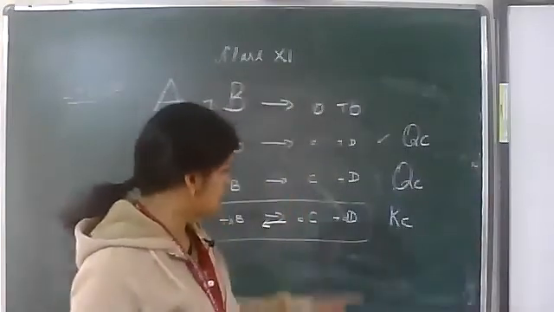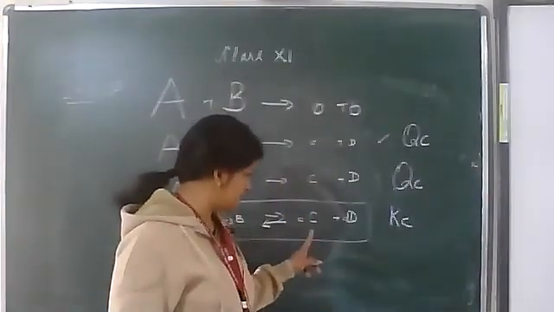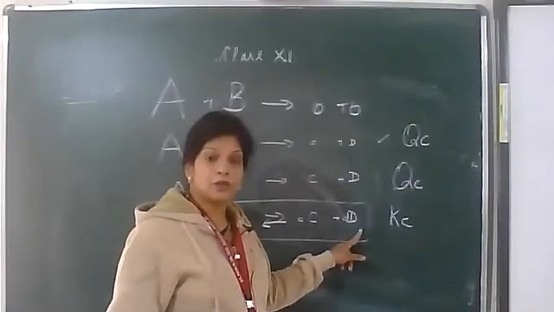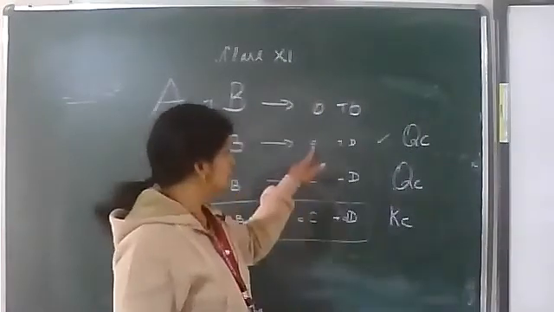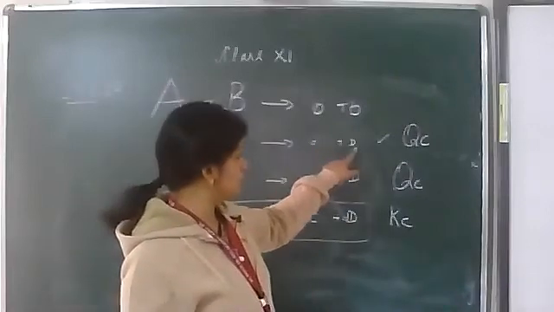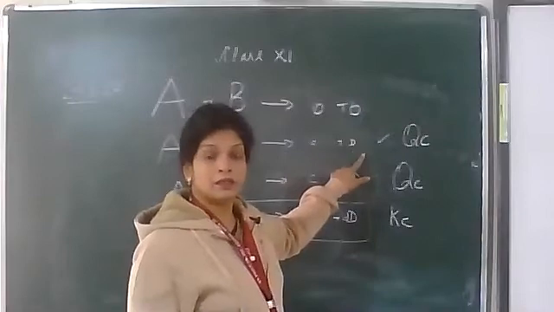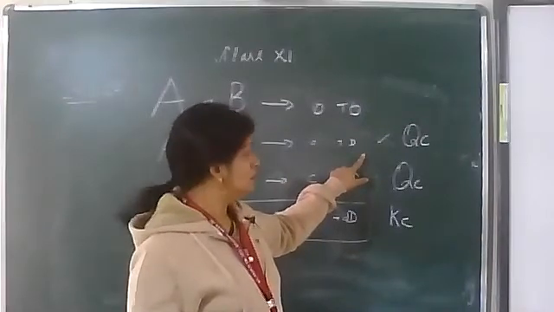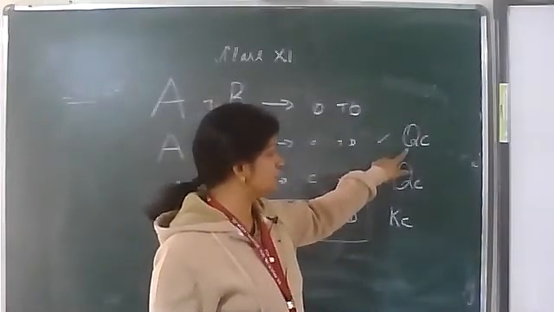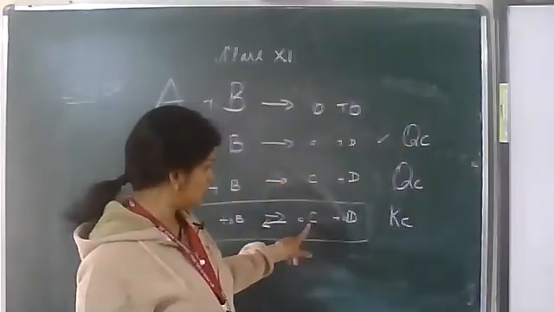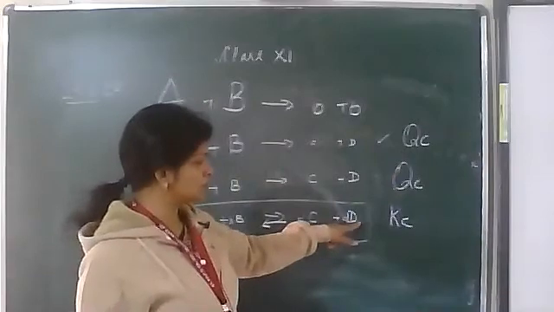Now you see, in Kc here, C amount is more, D amount is more. Here, C amount is less, D amount is less. These are coming in the numerator, right? So Qc value will be lower than this Kc value. Here numerator has got more amount.